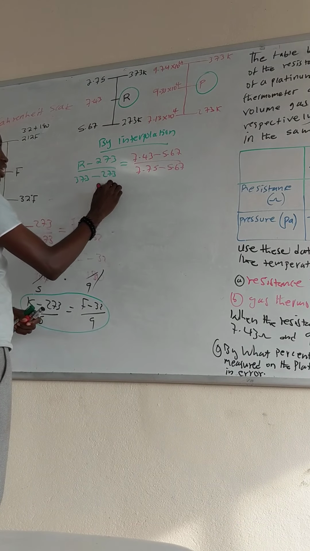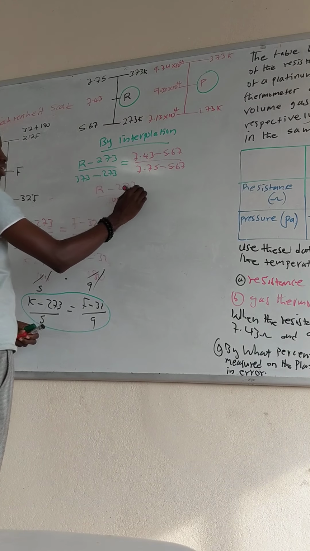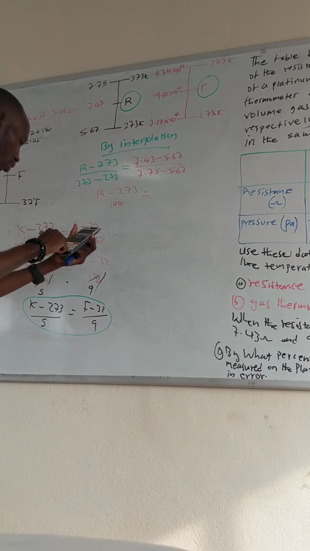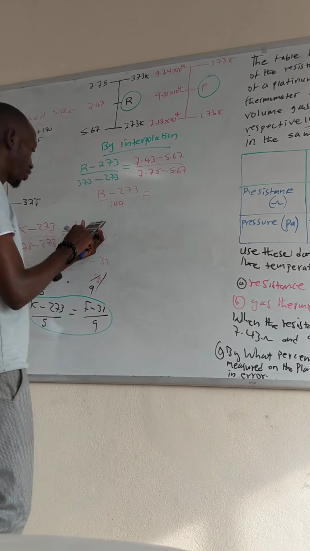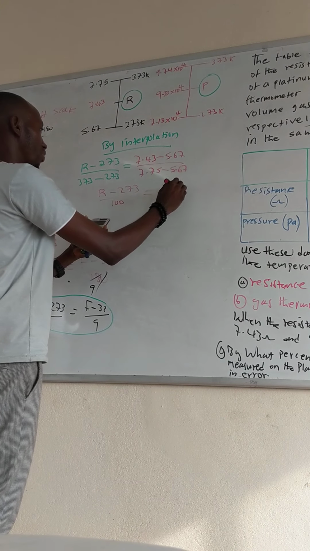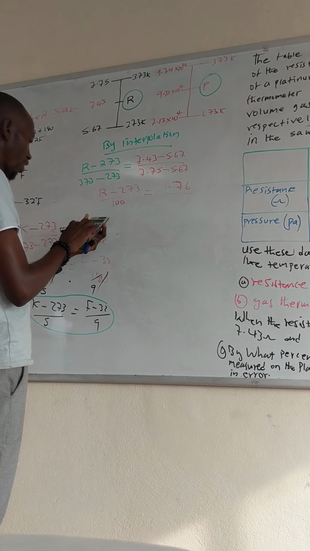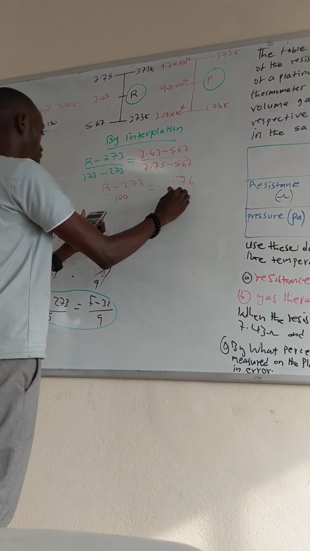So if we maintain this, R minus 273, 373 minus 273 is 100, equals to 7.43 minus 5.67. We have something like 1.76 divided by 7.75 minus 5.67. We have something like 2.08.